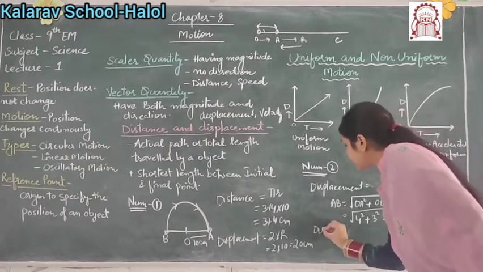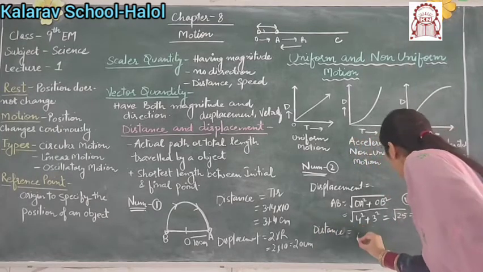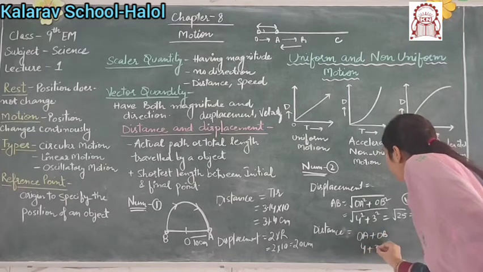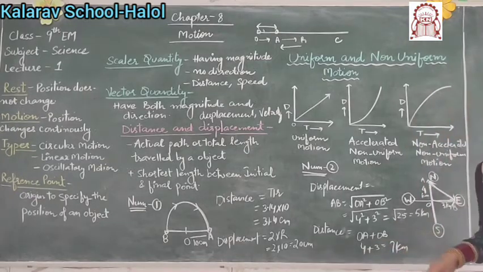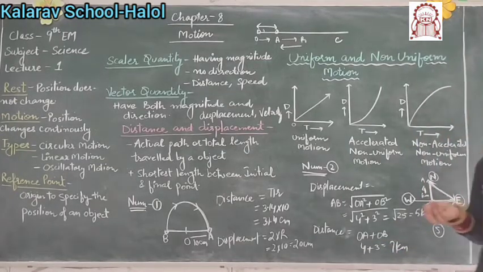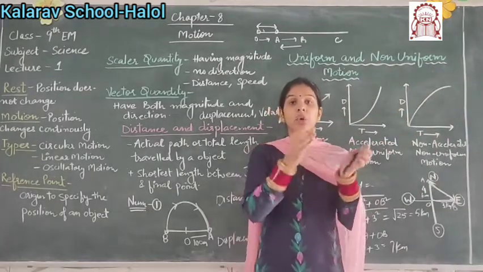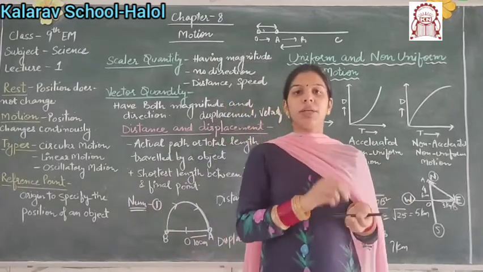And distance comes out to be OA plus OB, that is 4 plus 3, it is 7 kilometer. So the total distance a body travels is the distance. The shortest length between initial and final point is the displacement.